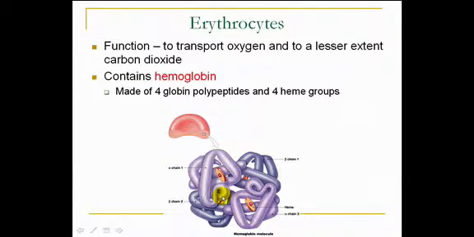And we call those 4 globulin polypeptides, and each polypeptide has what we call a heme group in the center that you're seeing here in orange. A component of the heme group is iron. So without iron you can't form the heme group, and it's the heme group that carries the oxygen. Carbon dioxide will be carried on another location on the hemoglobin.